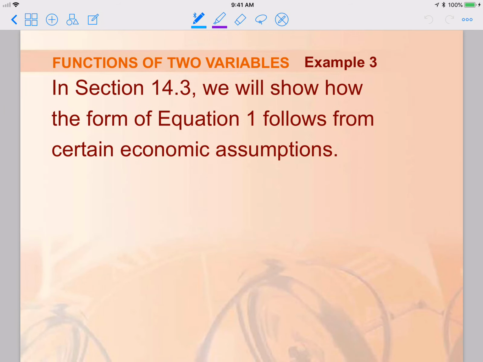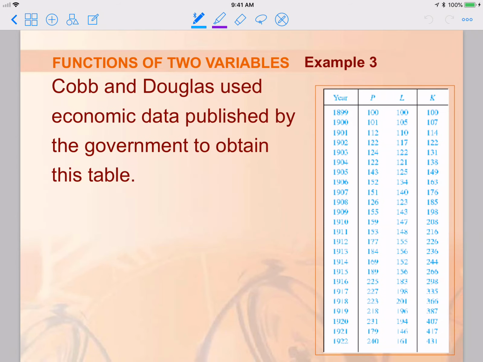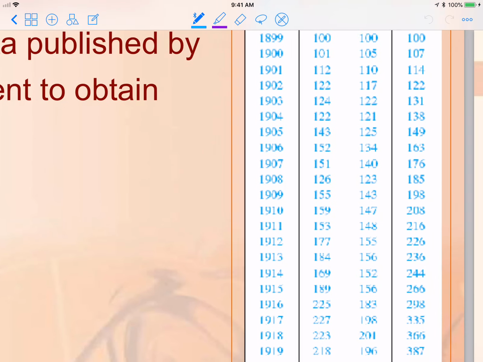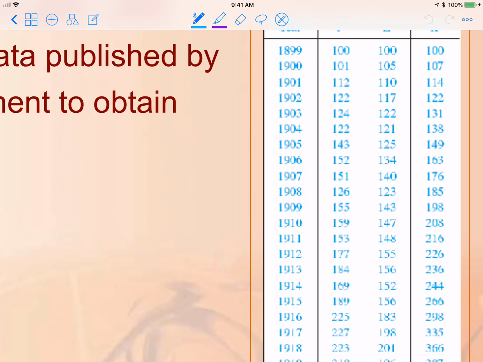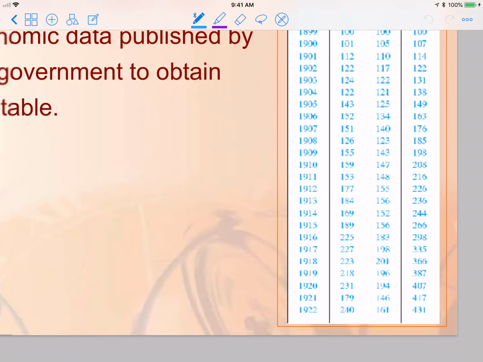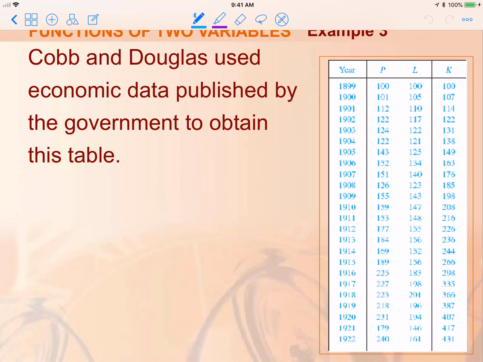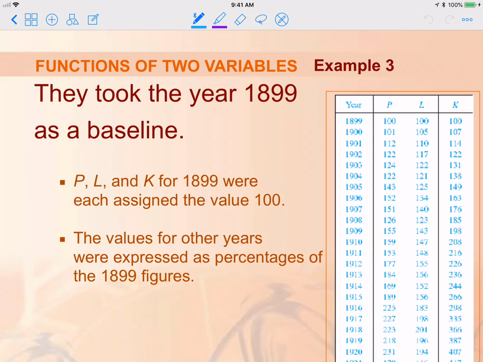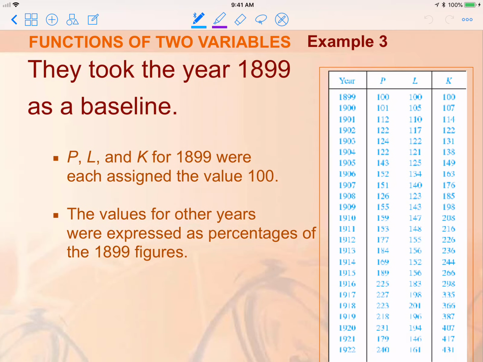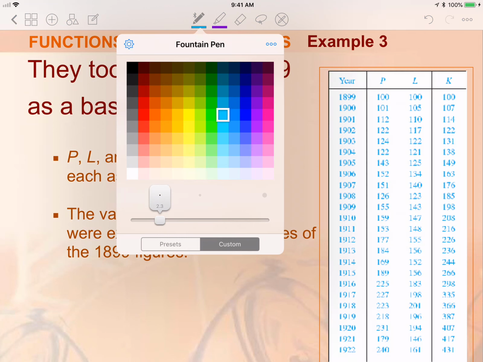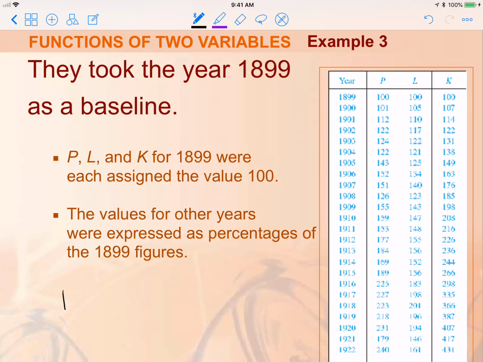So what they did was look at data that was available from 1899 to 1922, published by the government. They used linear algebra, which is also talked about in statistics: a least squares fit.